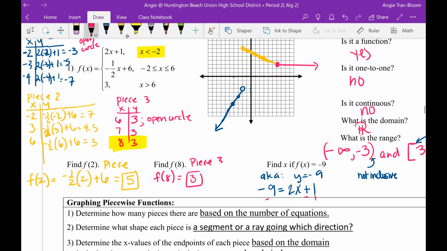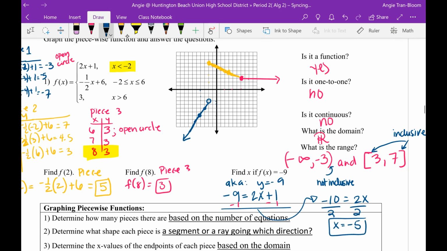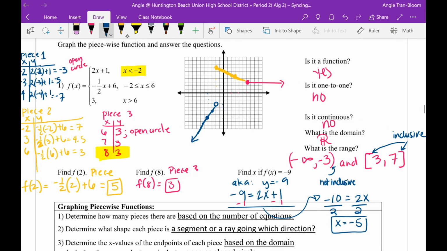Subtract 1 from both sides. Then divide by 2. So Joe, what was x? X is negative 5. So when y is negative 9, x is at negative 5. Go ahead and copy it all down.